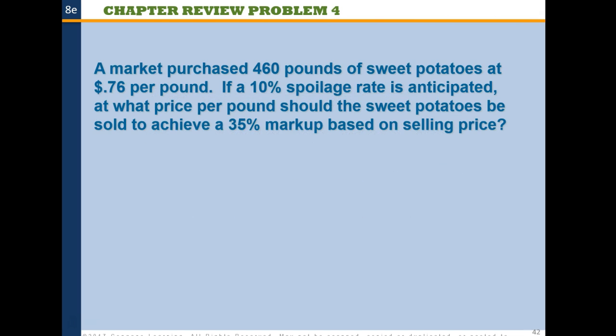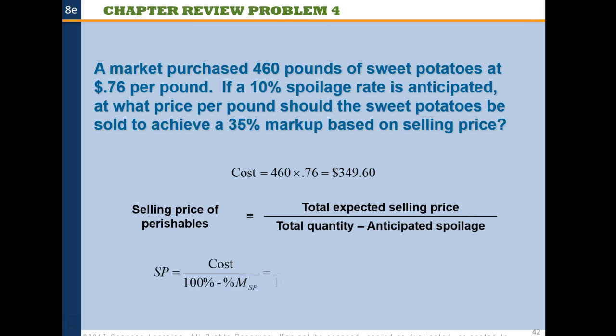Our last problem: a market purchased 460 pounds of sweet potatoes at 76 cents per pound. A 10% spoilage rate is anticipated. At what price per pound should the sweet potatoes be sold to achieve a 35% markup based on selling price? First you have to figure out the cost. The cost to purchase those sweet potatoes was $349.60.